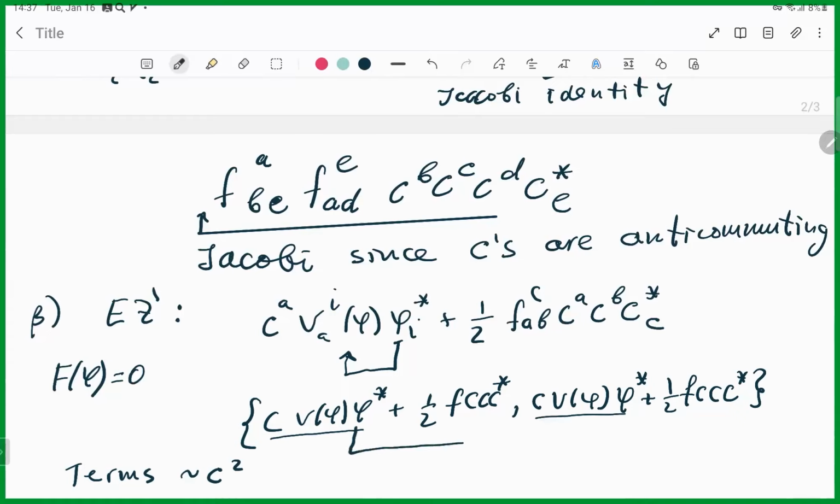So phi star would be paired with phi. And this term would be CA CB, VA VB Lie bracket with the power I, phi I star.